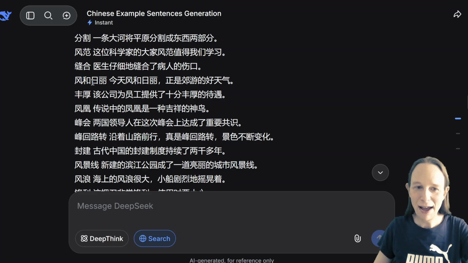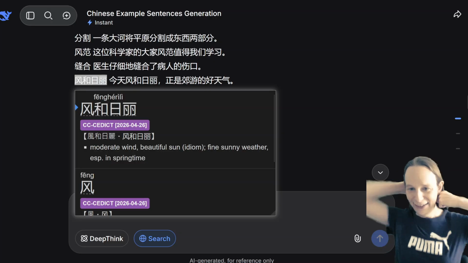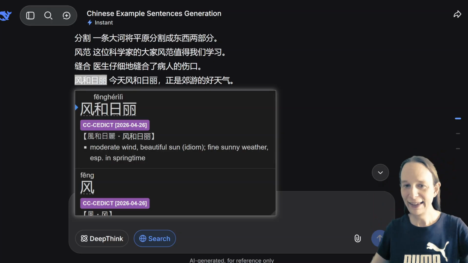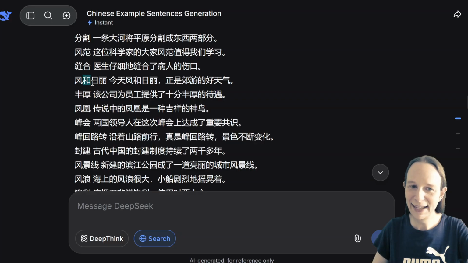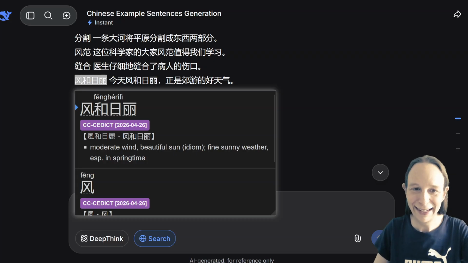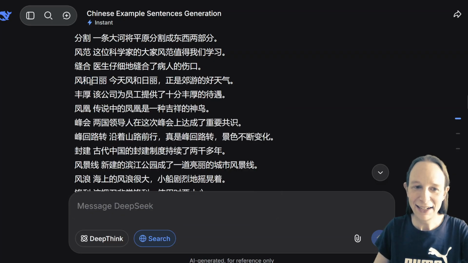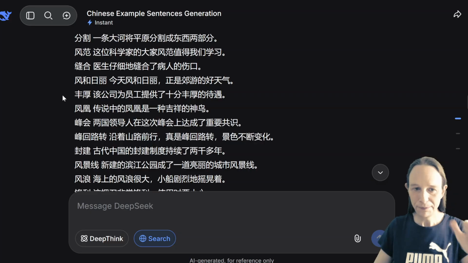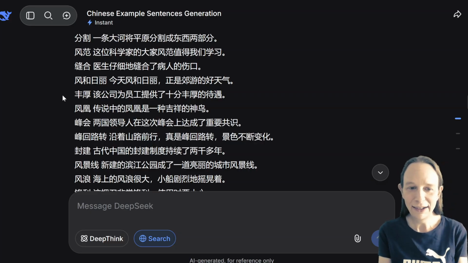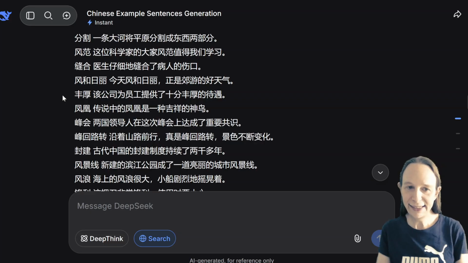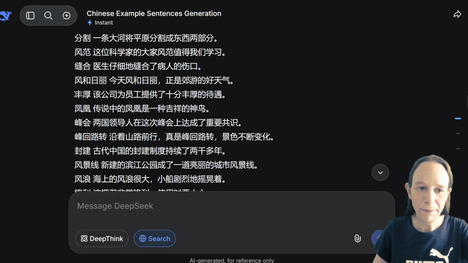So the wind is mild, the sun is 丽, beautiful. So it describes scenery. The main thing here is don't mistake this for and. This is not and, this is a 成语. 风和日丽. So noun, adjective, noun, adjective. 今天风和日丽，正是郊游的好天气. Yeah, not a problem.